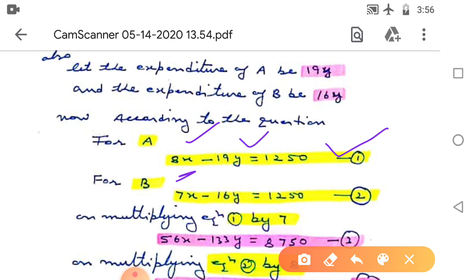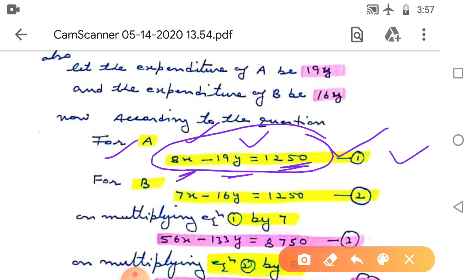So income minus expenditure is equal to saving. So 8x minus 19y is equal to 1250, which is your equation number 1. Now, as far as B is concerned, the income of B is 7x rupees, expenditure of B is 16y, and income minus expenditure gives you saving, that is 1250.